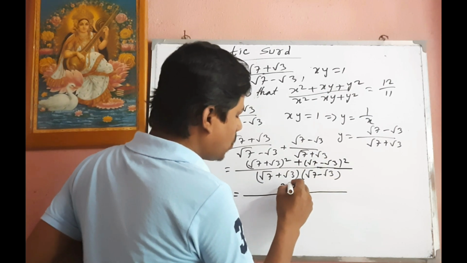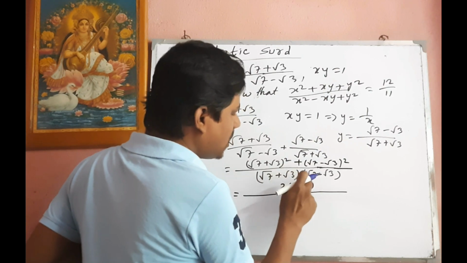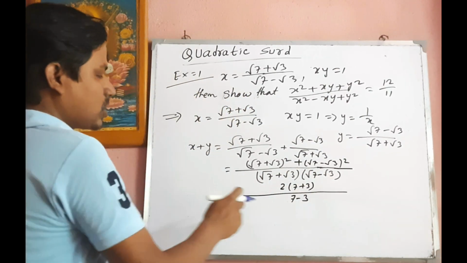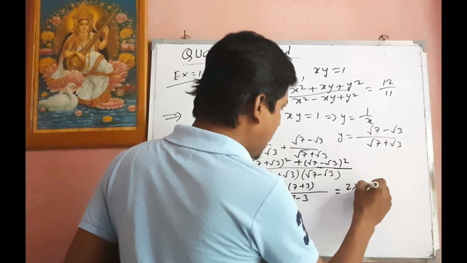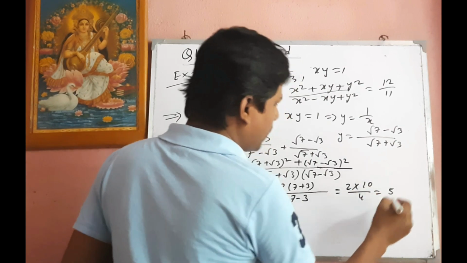So the formula is 2 into a square plus b square. Similarly, this is a plus b and this is a minus b, so this will be a square minus b square. Now calculating, we get 2 into 10 divided by 4. This will be 5.